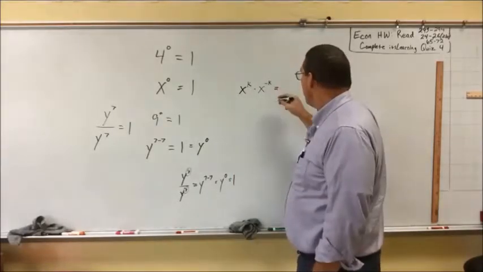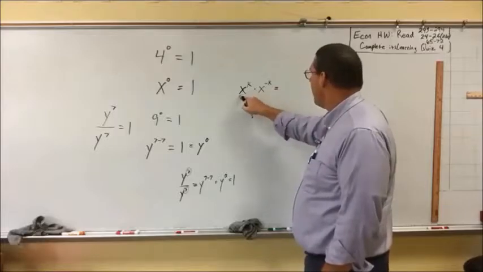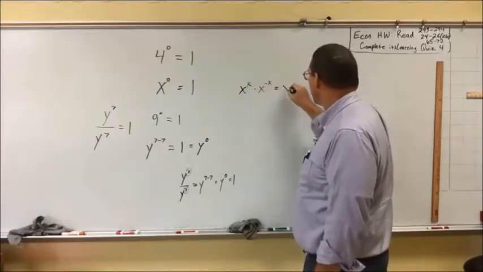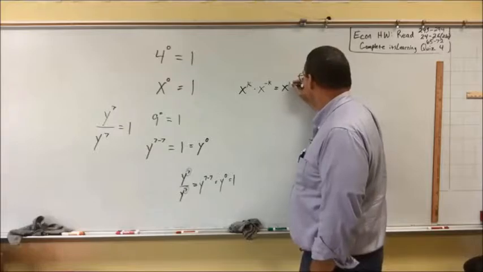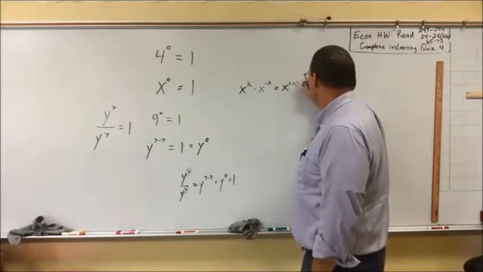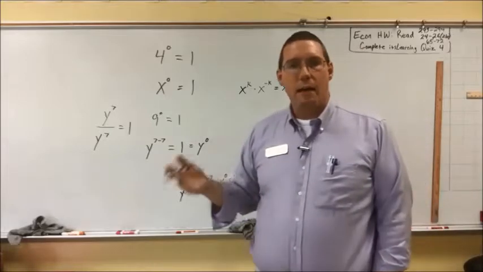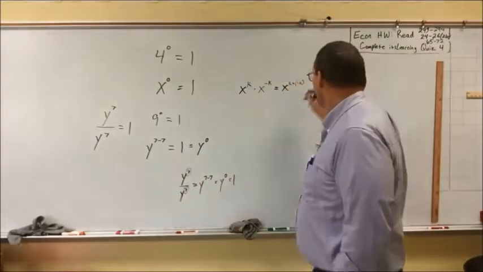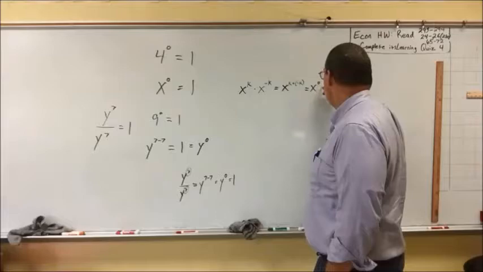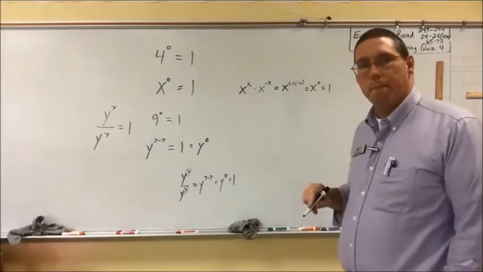Well, based on rule number 1, it's a product of a common base. We're going to add the exponents. So we have x to the power of k plus negative k. Well, what is k plus negative k? That equals 0. And so this is the same thing as x to the 0 power, which equals 1.